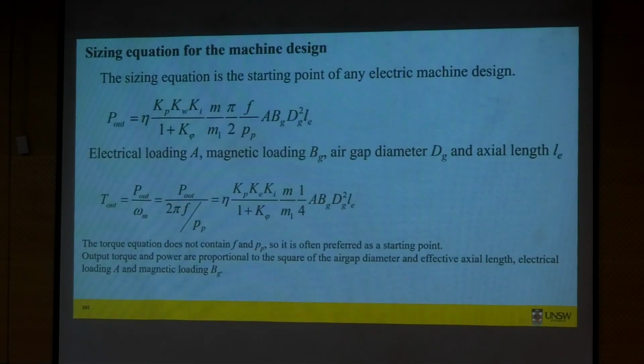It comes from the basic, so-called classic sizing equation. You may see it looks like something very complex, but as we go deeper into this equation, you'll find that everything will make sense to you. This equation was developed by Professor Lipo, I think.